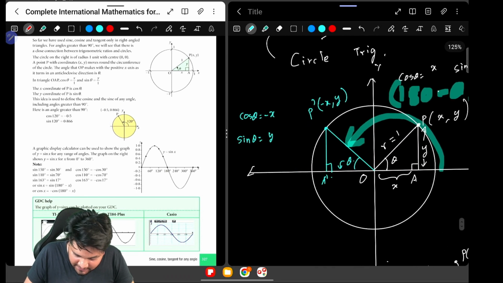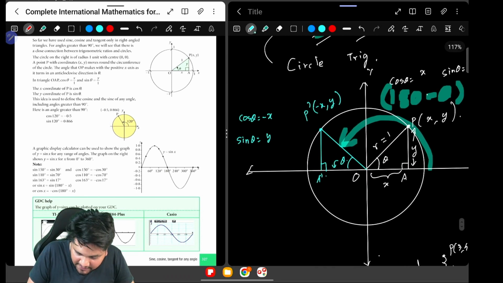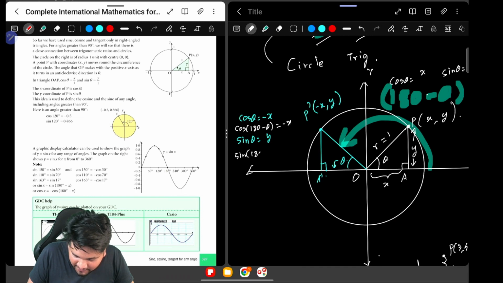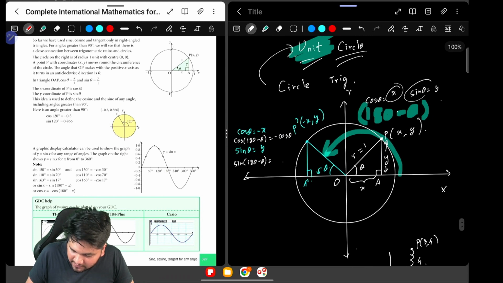So that's why here, this cos blue theta is actually cos of 180 minus theta, which is actually minus x, and this is sine of 180 minus theta, which is actually y. And we know that x is nothing but cos theta and y is nothing but sine theta.